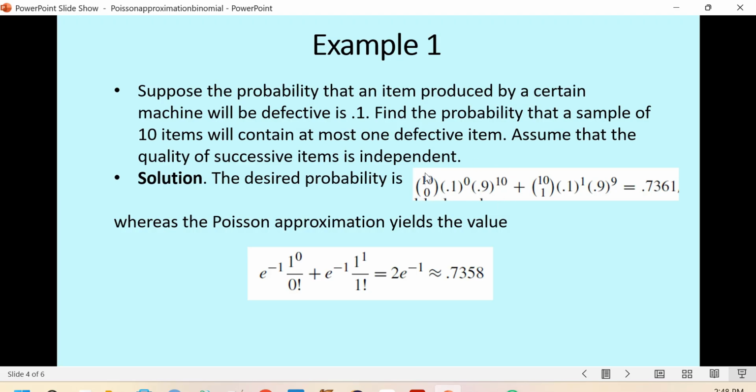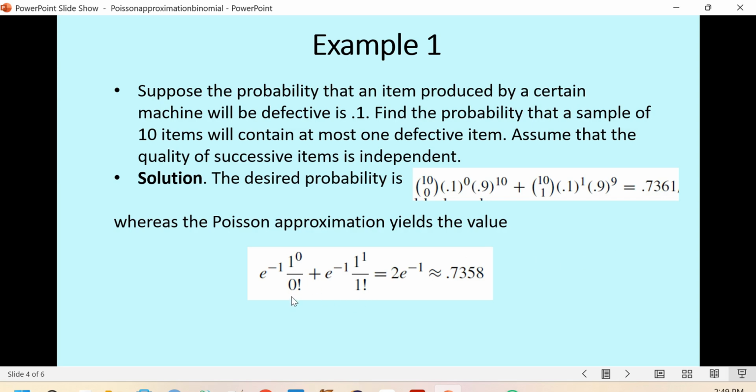This is the combination of 10 choose 0, times 0.1 to the power of 0, and the failure rate 0.9, which is 1 minus p, to the power of 10. Then plus the second term, for 1 success: combination 10 choose 1 times 0.1 to the power of 1, times 0.9 to the power of 9. So the probability from this binomial distribution is 0.7361.